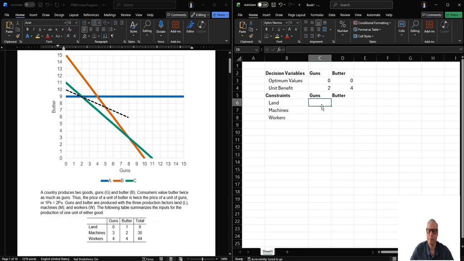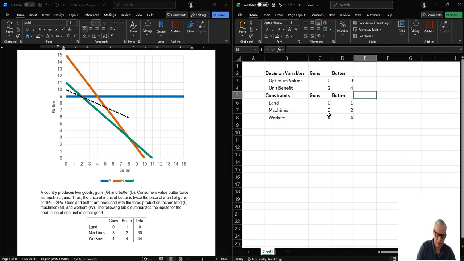Okay, so now I can just copy the production coefficients 0, 3, 4, and 1, 2, 4, 1, 2, 4.